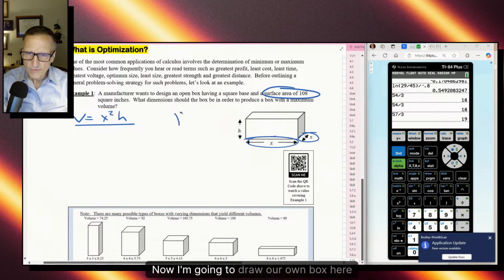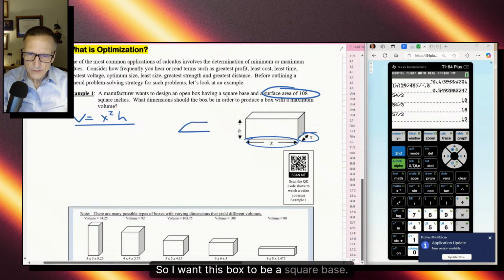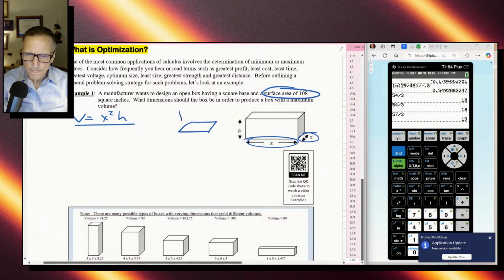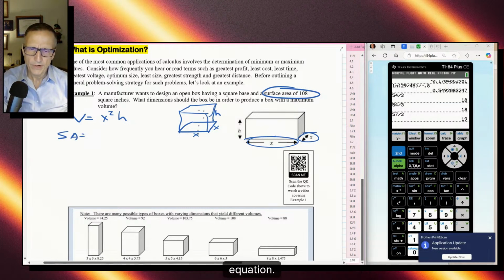So what we're going to do is come up with what the surface area is going to be. Now I'm going to draw our own box here to make this a little bit easier. So I want this box to have a square base. So we'll make it look like this. So there's my x, x, and h. Well, what this means is that the surface area formula for this is what we call our secondary equation.